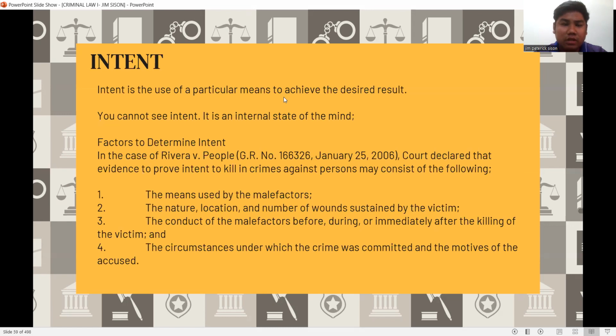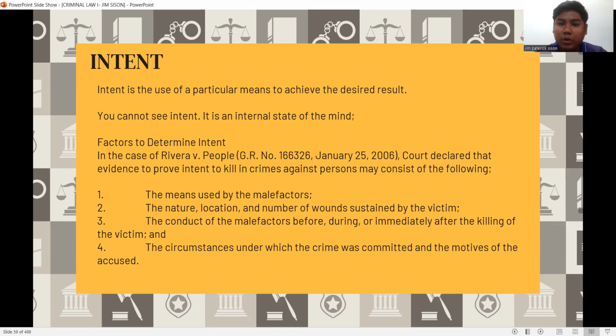Intent. What is intent? Intent is the use of a particular means to achieve the desired result. Can you see intent? Of course not. Why? Because it is an internal state of mind. And we have here factors to determine intent. Number one, the means used by the malefactors.